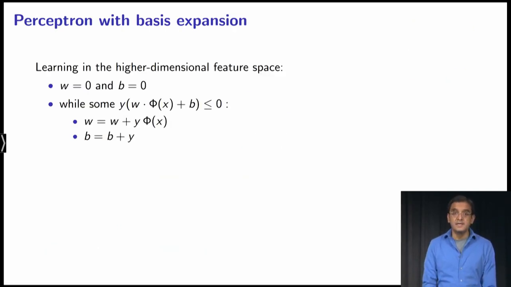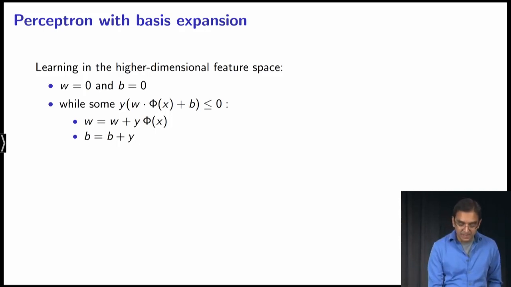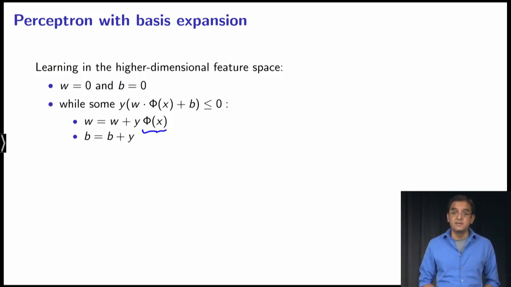So here is the perceptron algorithm with basis expansion. It's exactly like the usual perceptron algorithm, except that every time we have an x, we replace it with the higher dimensional representation phi of x. And last time we saw some pictures of the kind of quadratic boundaries that this produces.